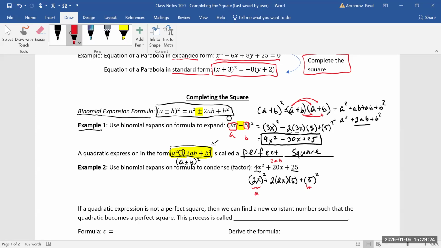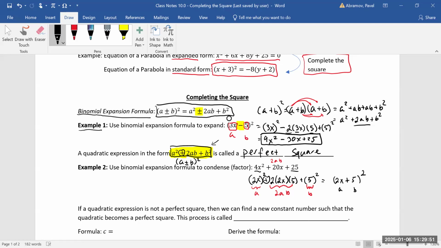So we can see that this is our b, and then in the middle, this part is 2ab. So therefore, knowing this, our result can be written as a binomial squared. The sign in this binomial will be plus because that's the sign that we have here in the middle. And then it's going to be a and b. So our a is 2x and our b is 5.